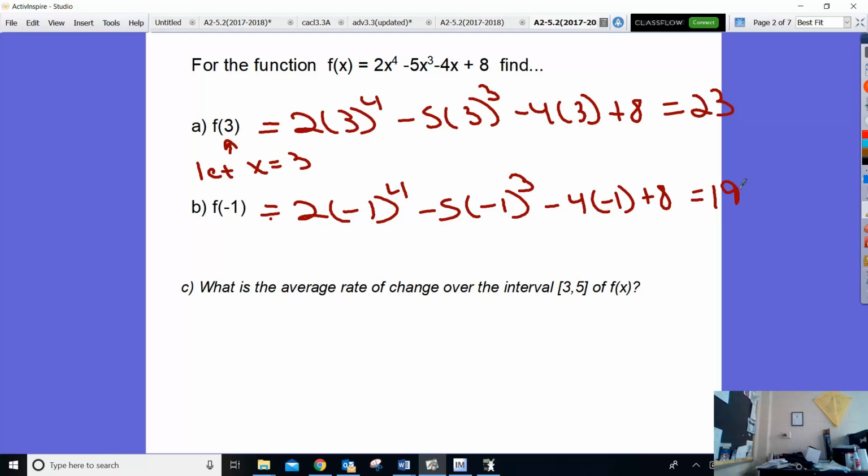Now, the next question up here says, find the average rate of change over this interval. This is just in here because you kids stink at average rate of change. It's on your formula quizzes. Average rate of change is just a more elegant way of saying what? Slope. Average rate of change is slope. When you see stuff like this, you're just thinking, oh, slope. Now, what's the formula for slope?